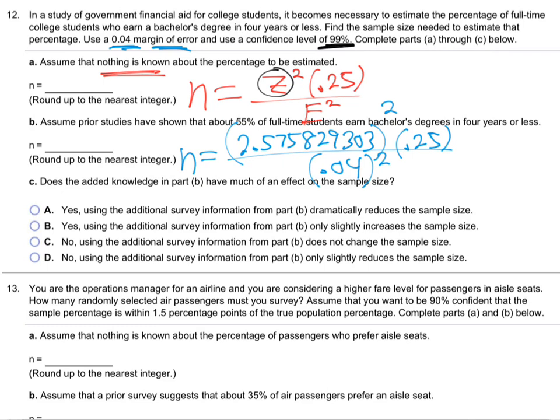Hit the buttons on your calculator. You guys able to do that on your calculator? Notice this is squared here, and the bottom one is squared. The 0.25 is not. I'll do it too. Let's see what we're getting there. If it's a big number, put it in your calculator.